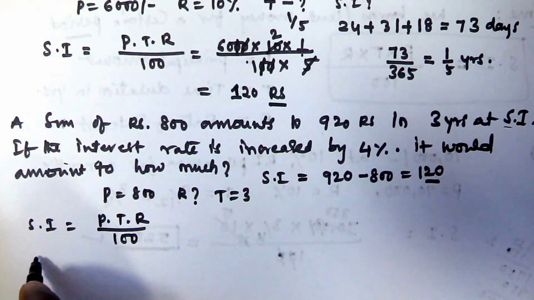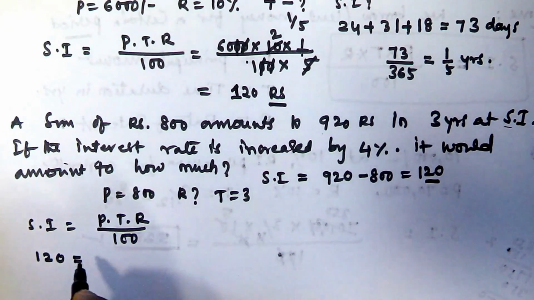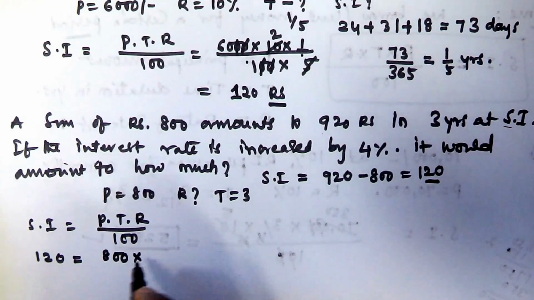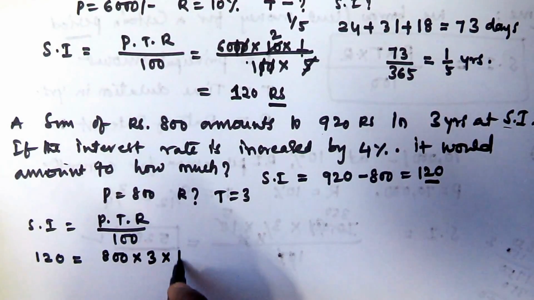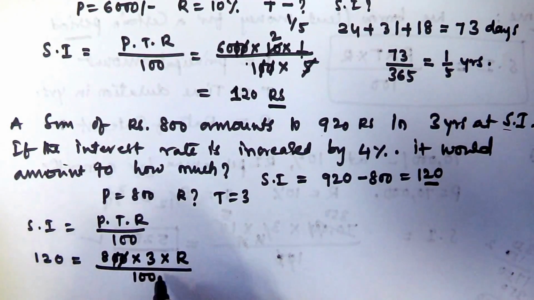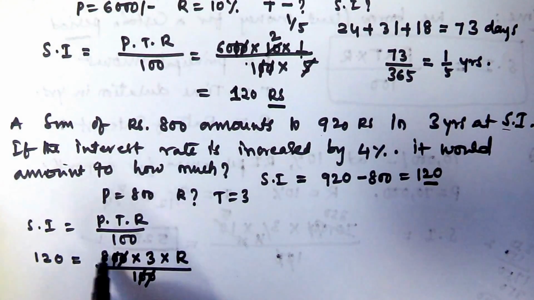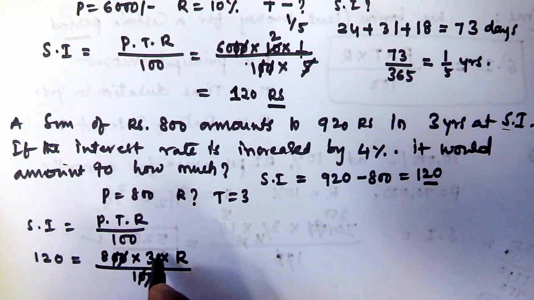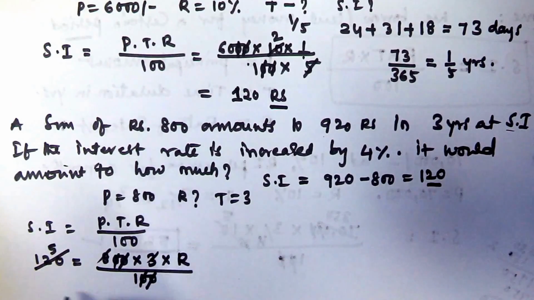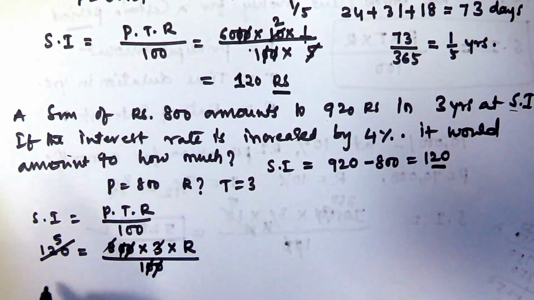Substituting the values, 120 is equal to the principal amount 800 into time 3 years into the rate of interest, which we do not know, by 100. So this one is cancelled, this one is cancelled. 8 threes are 24, and 24 fives are 120. So the rate of interest is equal to 5%.